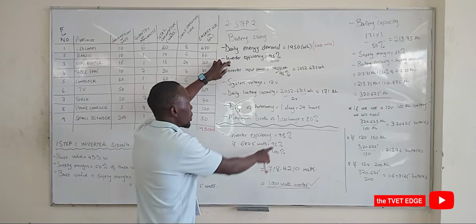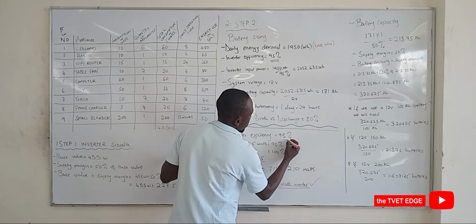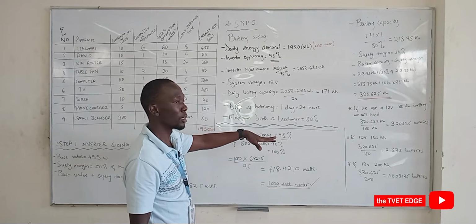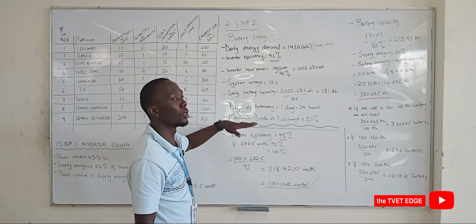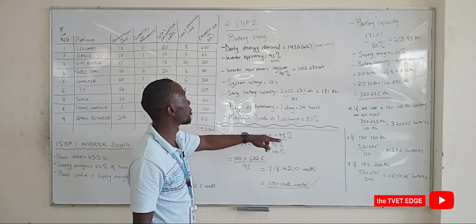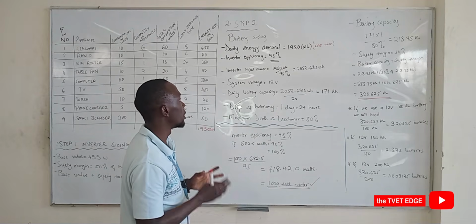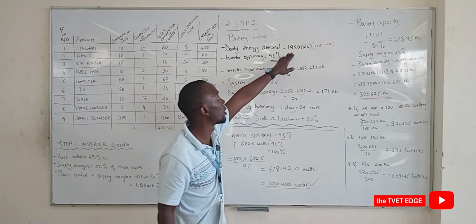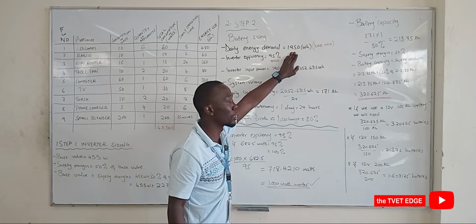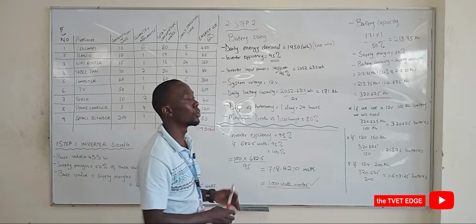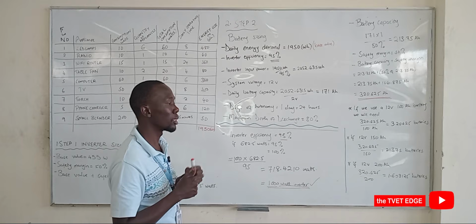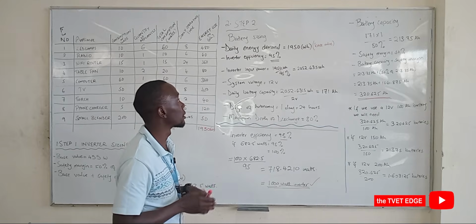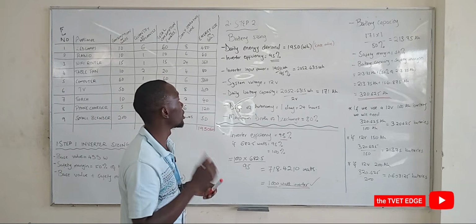Now, we have said that we are operating with a 95% efficient inverter, which is the best of the best in terms of inverter quality. If we are operating with a 95% efficient inverter, it means the inverter will be picking a certain amount of power for it to deliver 1,950 watt hours, because there will be some losses occurring because of conversion and resistance and other things. And we have explained all that in our previous lecture.